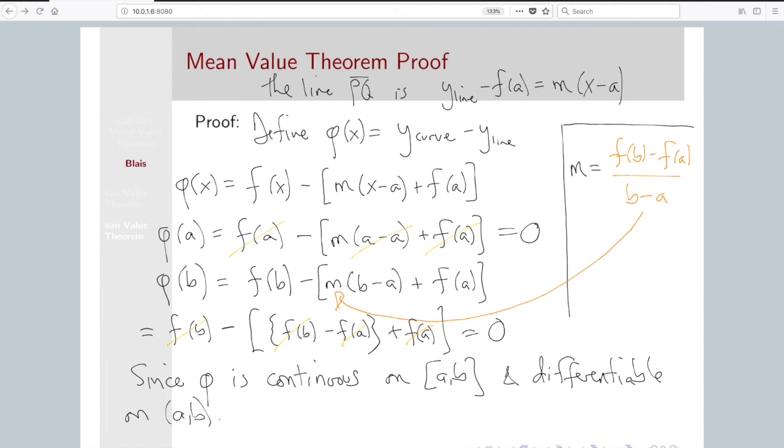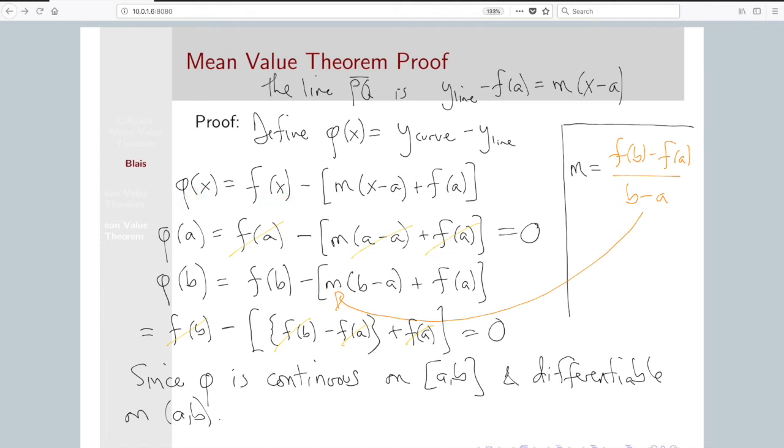And by the way, the reason for that is because f of x has these two properties. And then what we're subtracting from f of x is just a line, which is, of course, continuous and differentiable for any x. So phi of x inherits those properties from f.